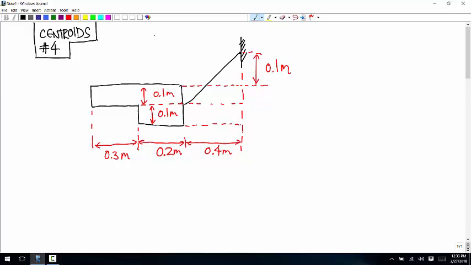So that's the dimensions. And then at the middle of this long part of this shape is a pin joint. And that's the connection to the wall.